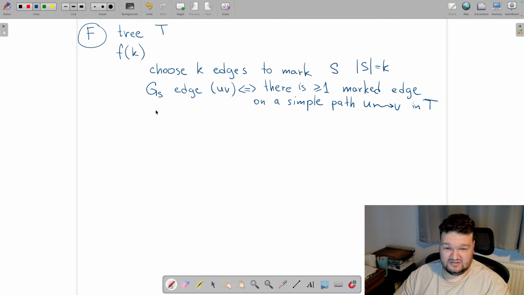Then in this graph we find the maximum matching, and it was called with some letters that I do not remember.